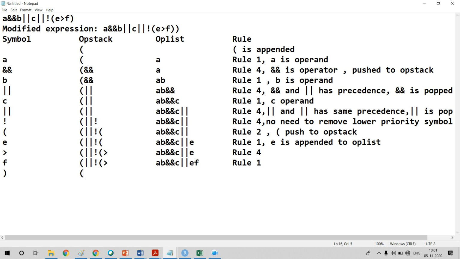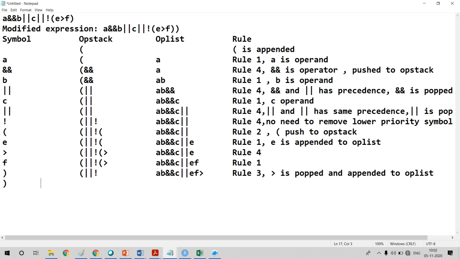Removed operators must be added at the end of the OP list. So greater than symbol is removed and appended to the OP list. Appending means adding at the end.